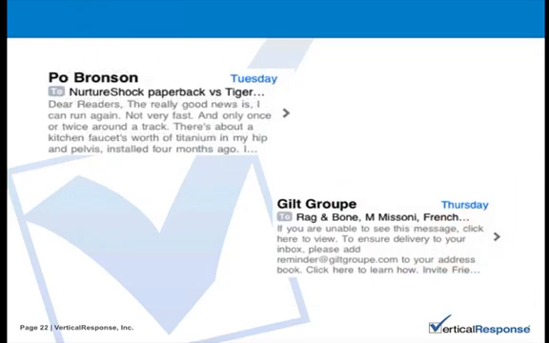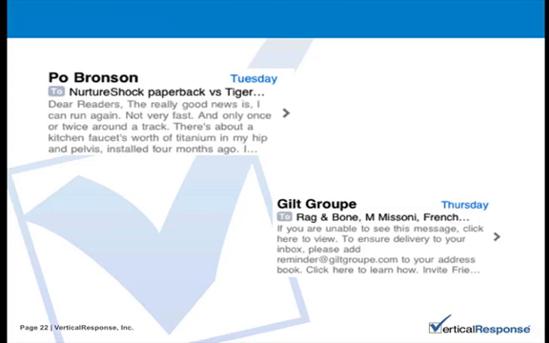So this is an example of pre-header text and subject lines on a mobile phone. This is where your pre-header text becomes a lot more important, when people are looking at it on a mobile phone. It's important in just a regular email inbox because it does get your email to stand out. But on a mobile phone, you can see the pre-header text. If you look at the one in the top left, they actually don't have pre-header text.